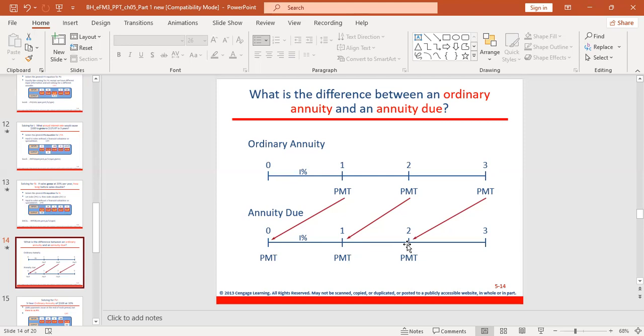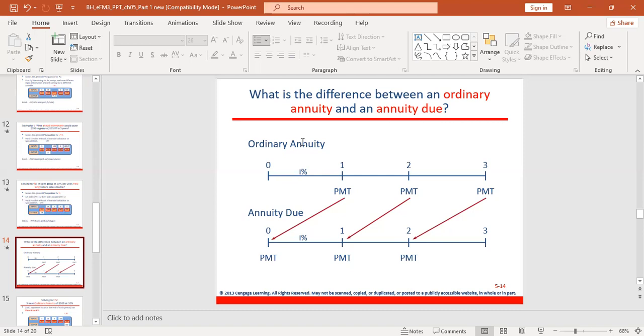What it means is that in annuity due, you are going to earn interest 3 times: in year 1, year 2, and year 3. But for the ordinary annuity, because the payment starts from year 1, you only earn interest in 2 years. For the annuity due, because the beginning is where the payment starts, you will have waited 1 year, 2 years, 3 years, so you get more money.